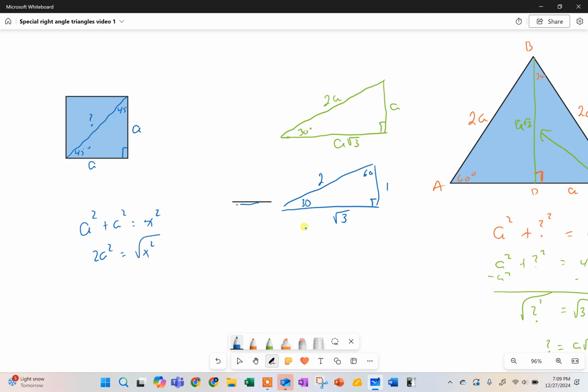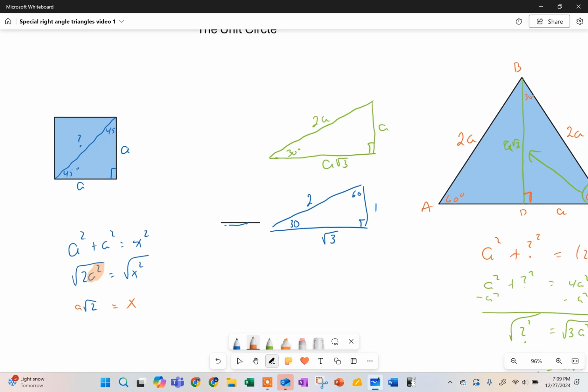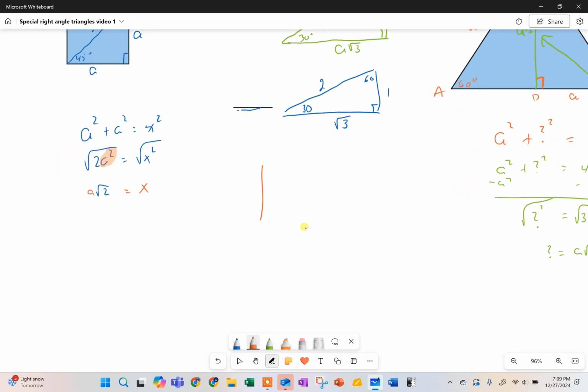If I take the square root of both sides, the square root of 2 is radical 2, but the square root of a squared is just a, which means my hypotenuse ends up being a radical 2. So I'm going to redraw that. And if this is 45 and this is 45, I get a, a, and a radical 2.